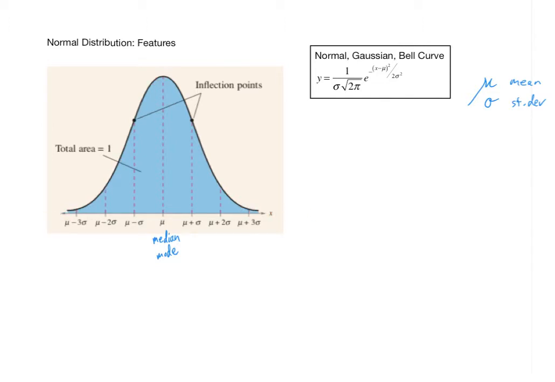And the final feature we are concerned with is this concept of inflection points. Each normal curve has 2 inflection points, and the essential idea of an inflection point is where the curve changes its curvature. So for example, between these 2 points, the curve is generally curving downward. If you're familiar with a parabola, it looks like a downward parabola right here. However, to the right of this point over here, notice it's got an upward curve to it.